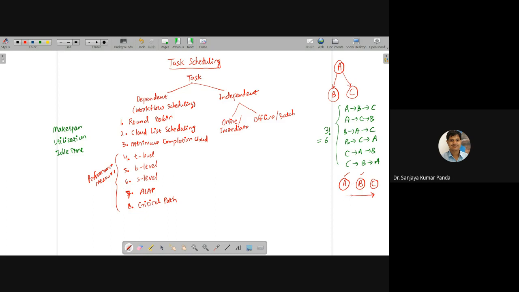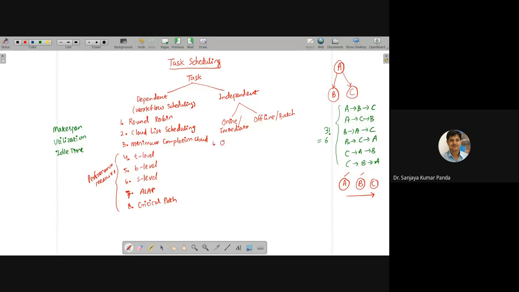But in the offline case, we assume that all these 3 tasks are available in the system. Then you can choose one of the orders. So out of these 6 orders, we can choose one. But if it is an online algorithm, there is only one order, that is A followed by B followed by C.